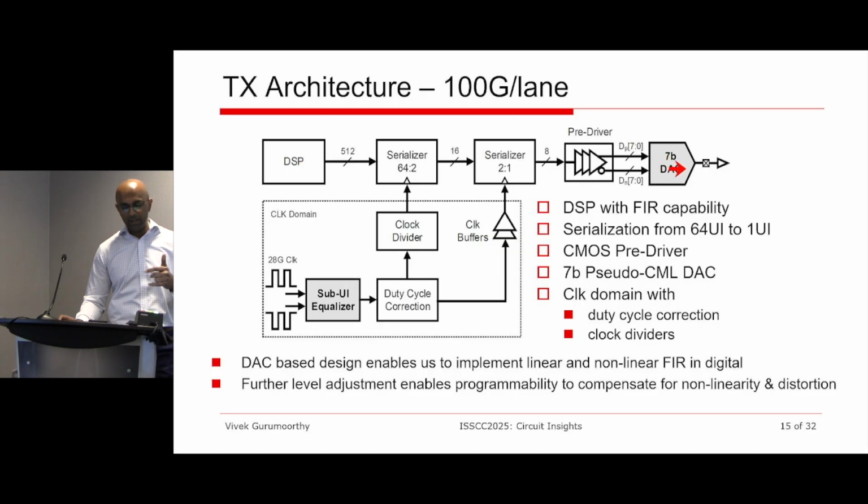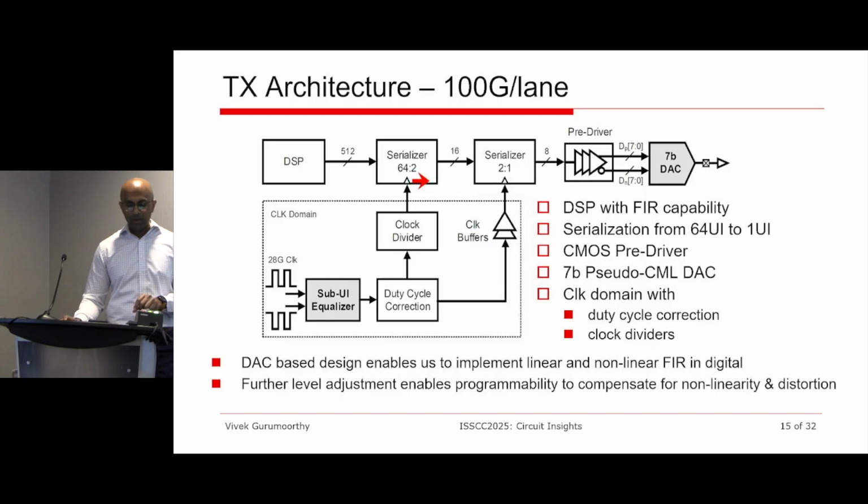That is why a DAC-based architecture is very helpful. Also, we have a lot of other techniques in there where we compensate for nonlinearity and distortion, and once you have a bunch of bits in zeros and ones, it's so easy to manipulate all of them. So this is the overall architecture-level diagram of how to transmit the data out.